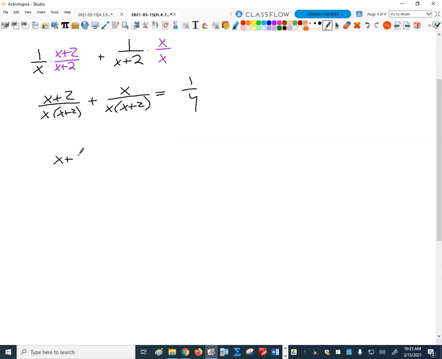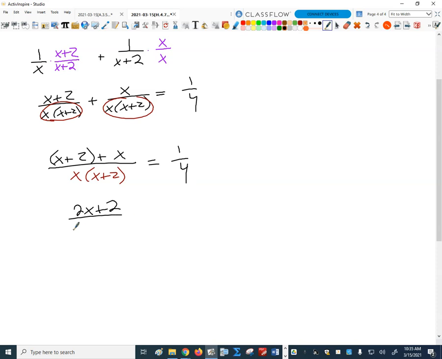I could write that as x plus 2 plus x divided by my common denominator, x times x plus 2, equals 1/4, right? I could simplify this. x plus 2 plus x is just 2x plus 2.